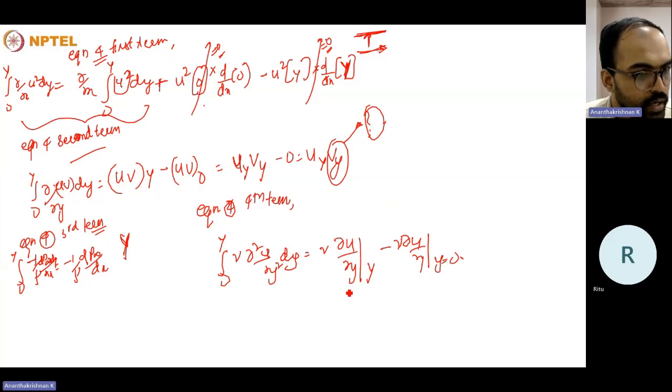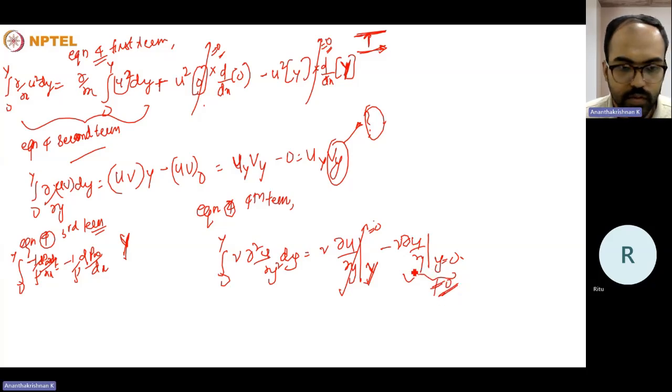If you take this y immediately outside the boundary layer, the variation of the velocity with respect to y will be equal to 0. So this particular term will be equal to 0. And this particular term is not 0 because this corresponds to the shear stress. So from this, we can actually get the shear stress value.